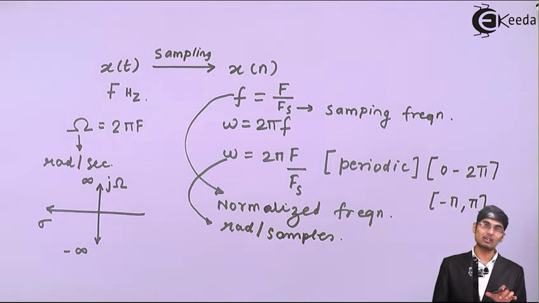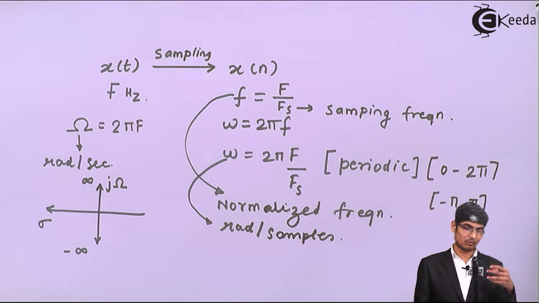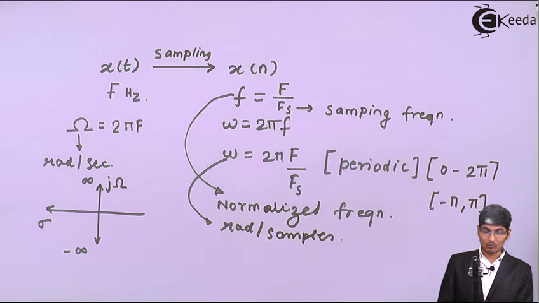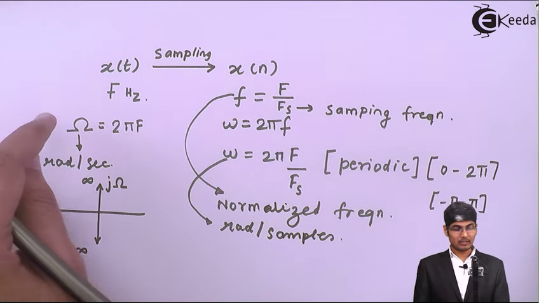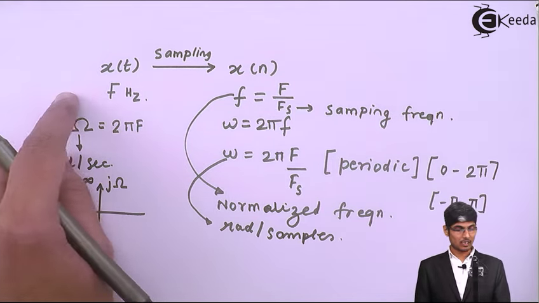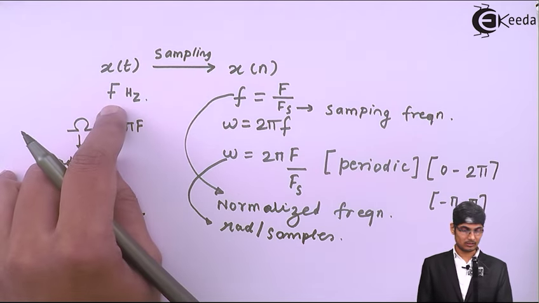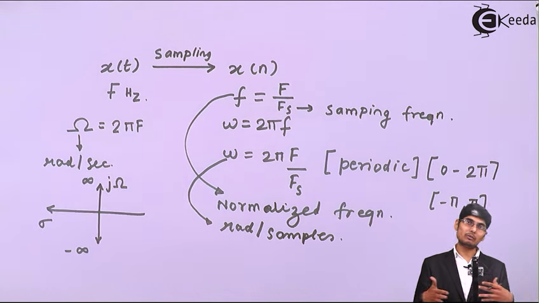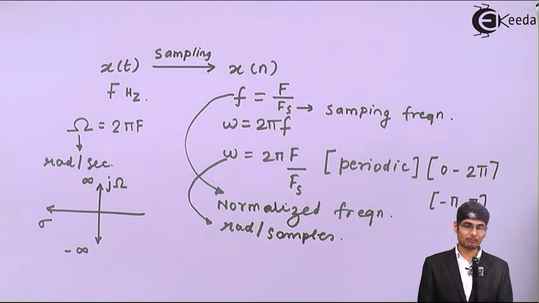This is a recap concept, going back in history. When I was in the analog domain, I had a unique frequency called capital omega, whose limits are from minus infinity to plus infinity.